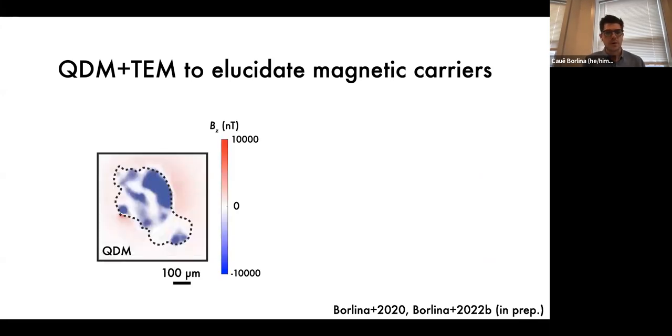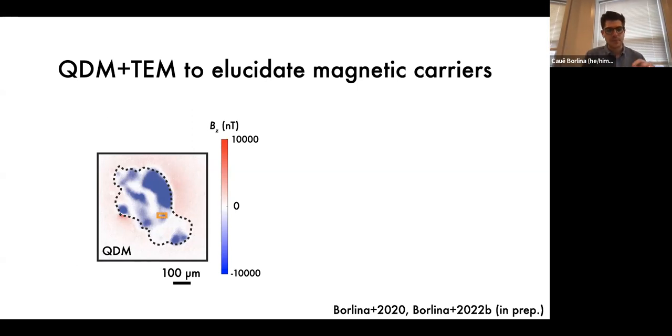Let me walk through what that means. We have the QDM map, and we can target magnetic regions that we know have a magnetic signal with TEM to see what is in there. Is it an iron nickel metal phase that is primary, or is it a potential secondary product such as magnetite that wouldn't be a primary record?